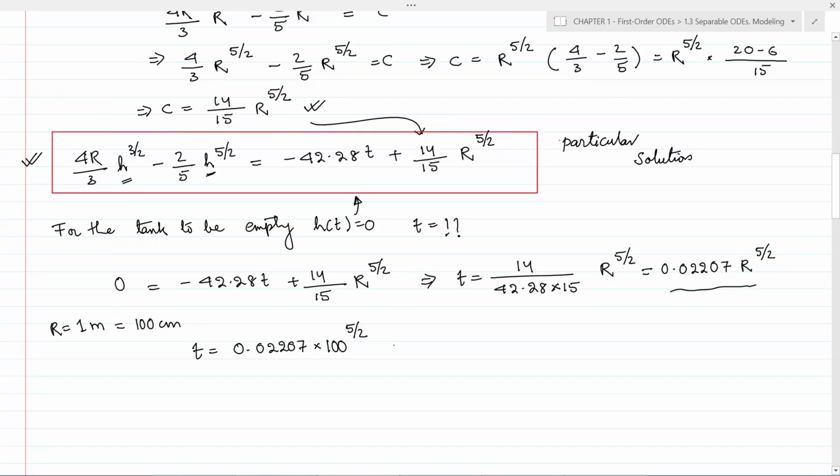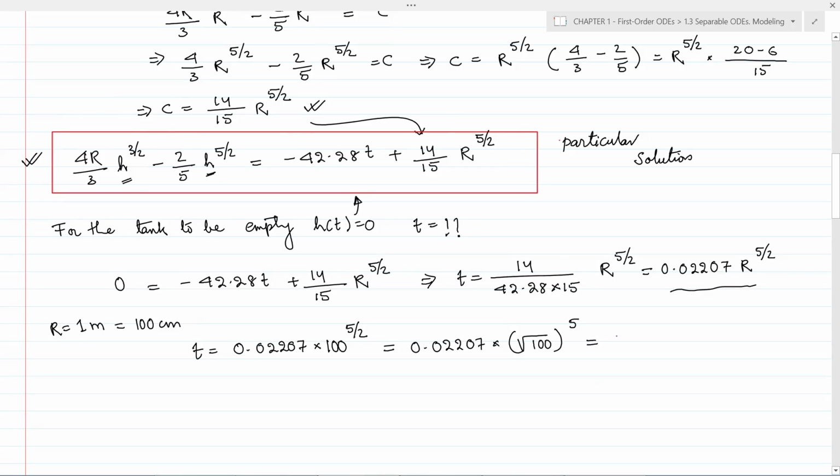We can write this as 0.02207 multiplied by square root of 100 whole to the power 5. Square root of 100 is 10 and to the power 5 is 10 to the power 5.